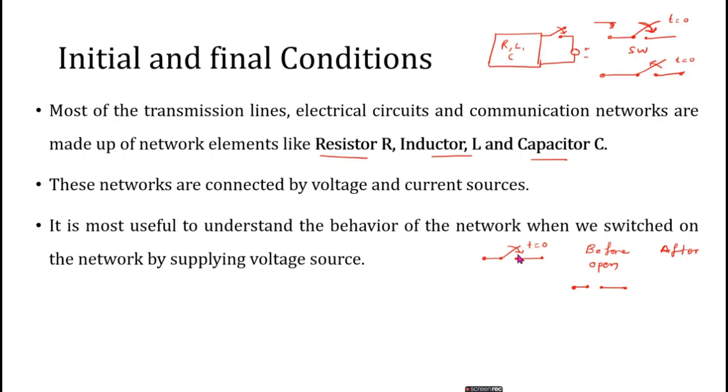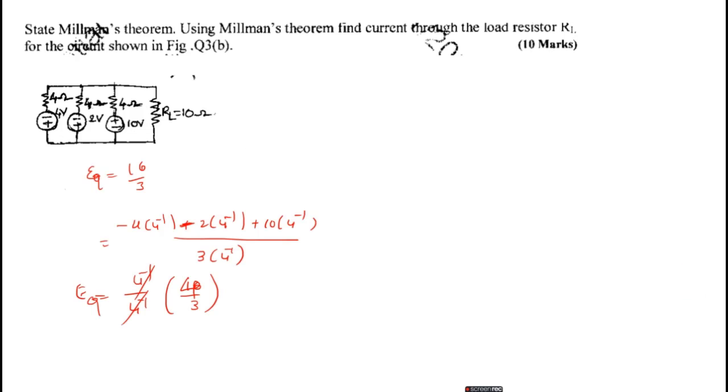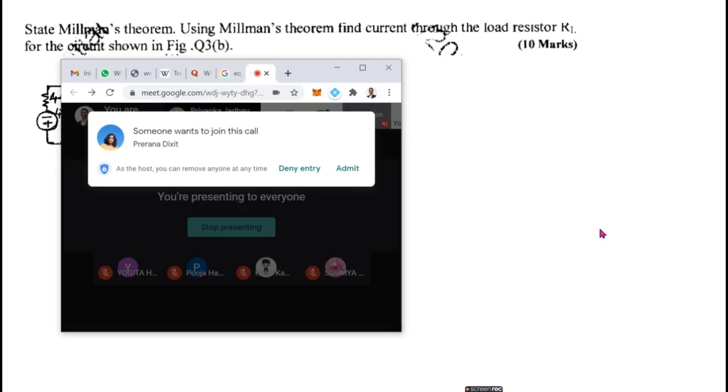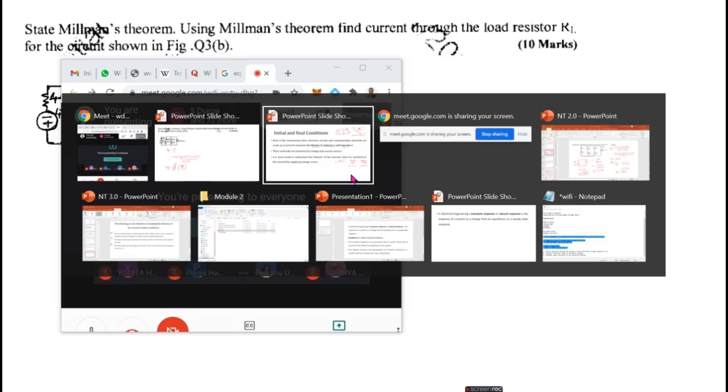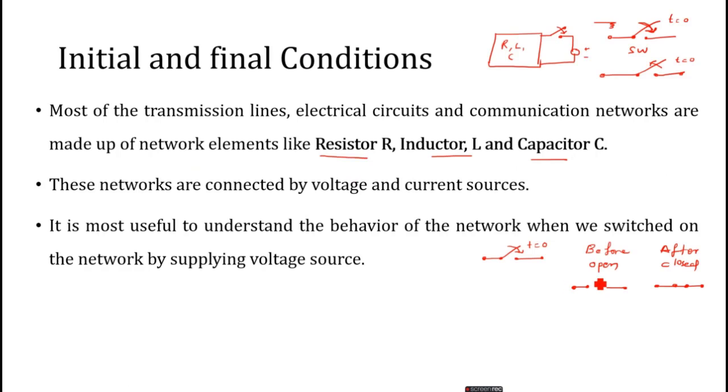Alright? When the switch is pressed, when it is operated, after switching, it is closed. Is that the equivalent circuit representation after and before switching? Is that okay?